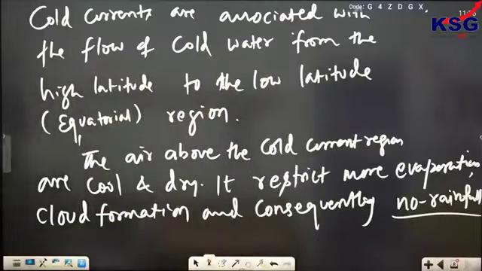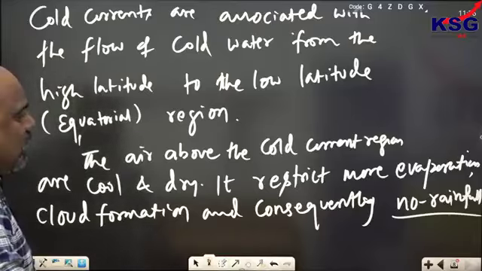So what will happen? The air above the cold current region is cool and dry. It restricts evaporation, cloud formation, and consequently no rainfall.